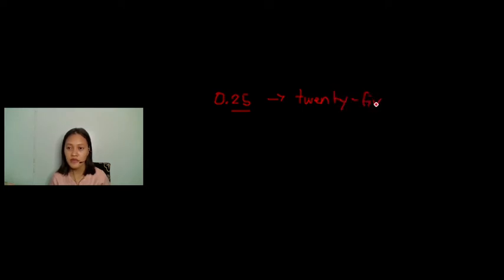And then, after reading and writing it as if we're reading and writing a whole number, get the place value of the last digit. Recall how we get the place value of decimal numbers: according to its position. We look at whether it is the first, second, third, or fourth digit. In this example, it is in the second digit. So, what is the place value when the last digit is the second digit?